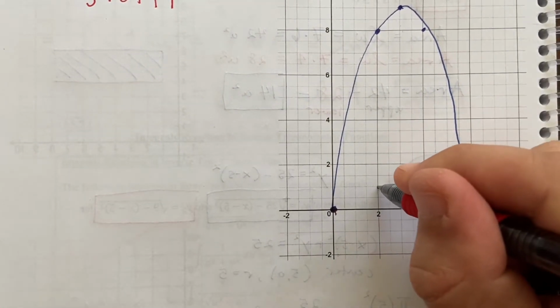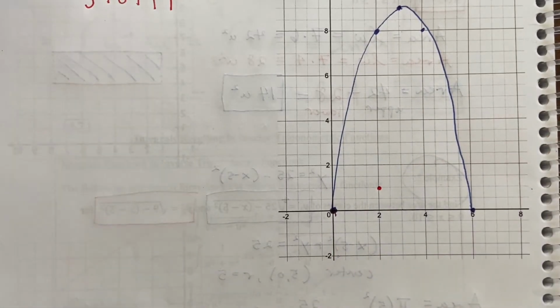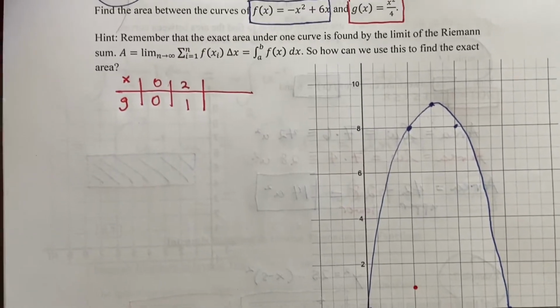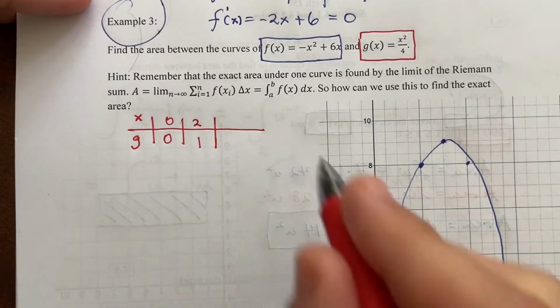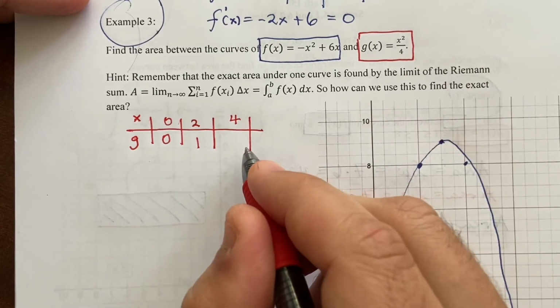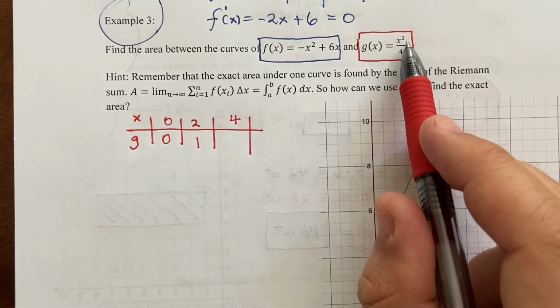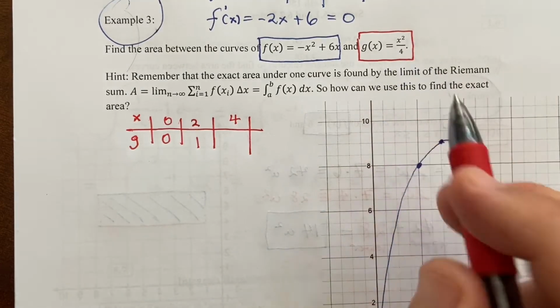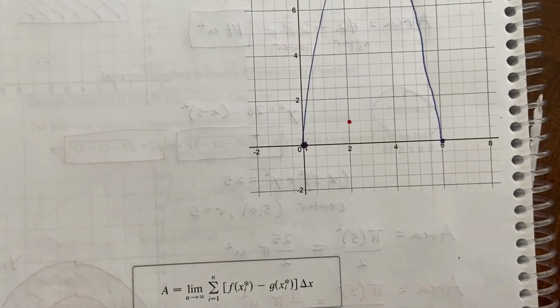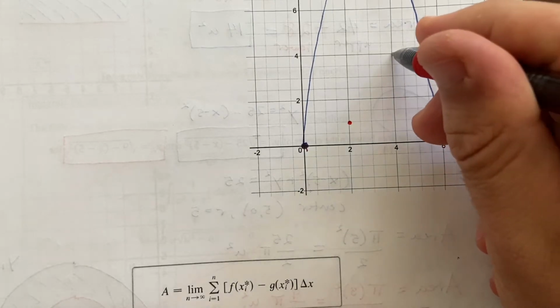Now at 4, plug in a 4, we get a 4, right? 4 squared, 16. 16 over 4 is 4. So 4, 4.